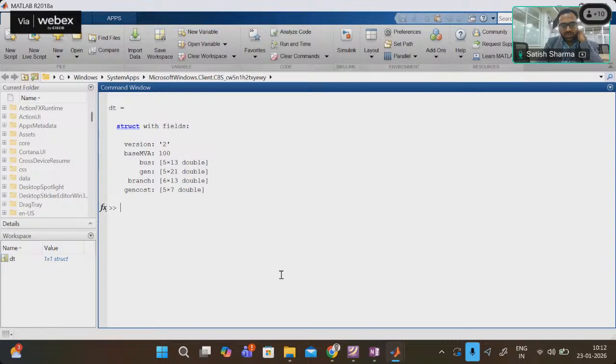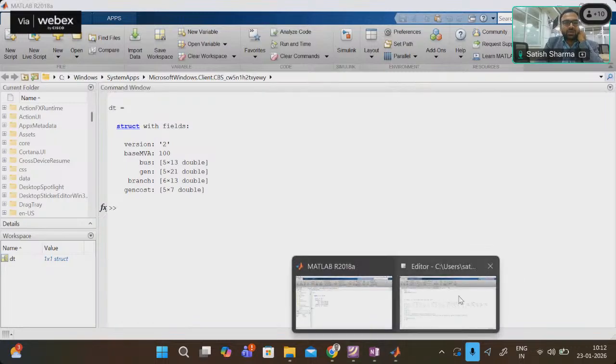So this 5 bus data is loaded in our script.